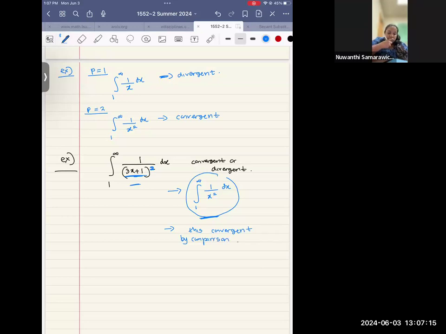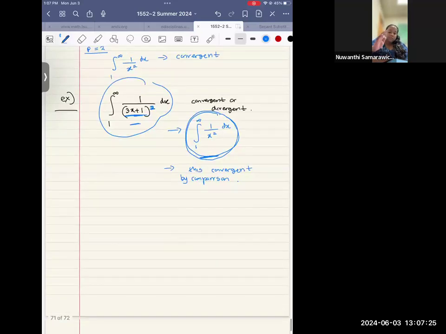This is similar to what we did in the P series. But let's find whether this is true. Can you find by yourself whether it's convergent or divergent? What is the first step? We can write this integral as the limit as t goes to infinity of the integral from 0 to t of 1 over (3x plus 1) squared dx.